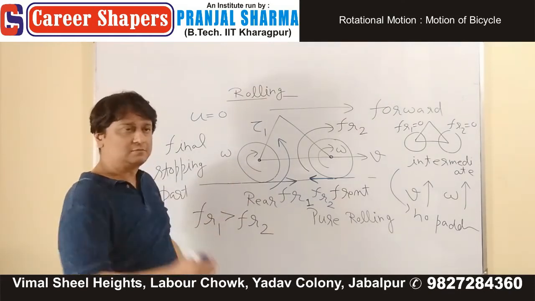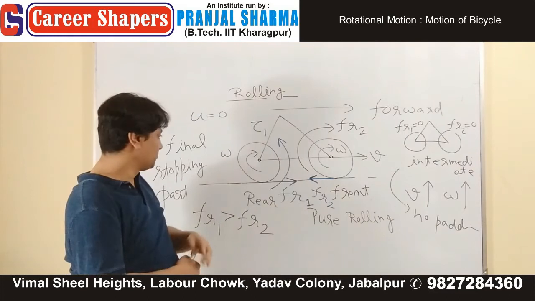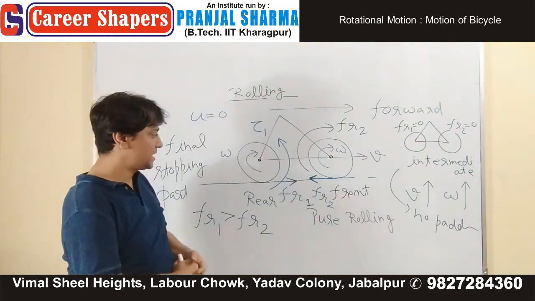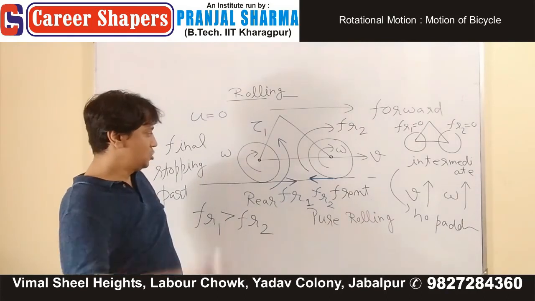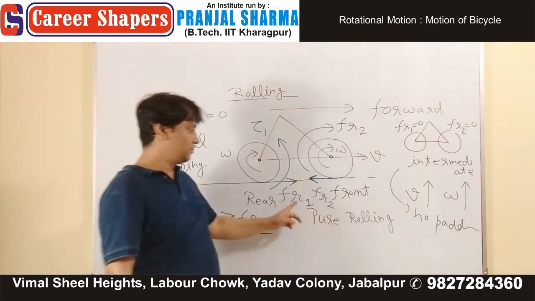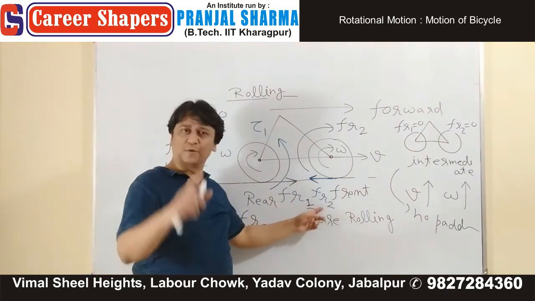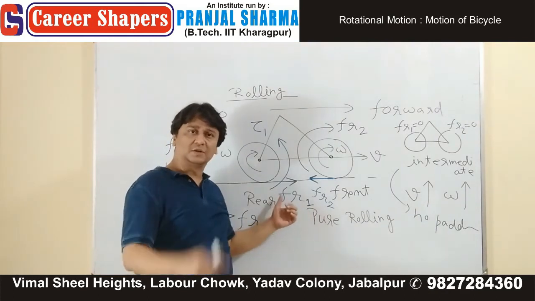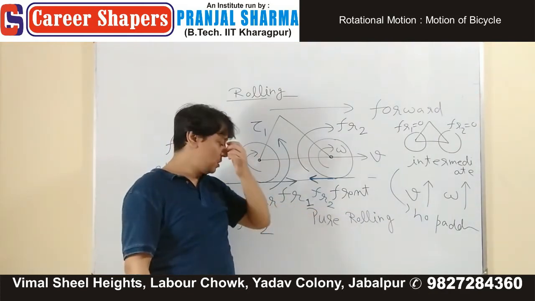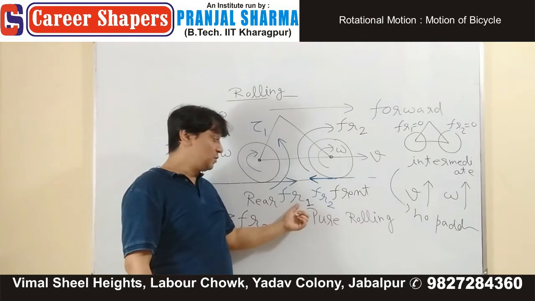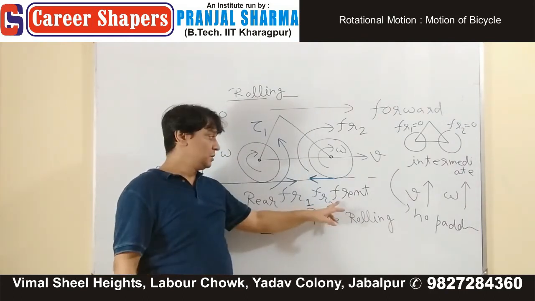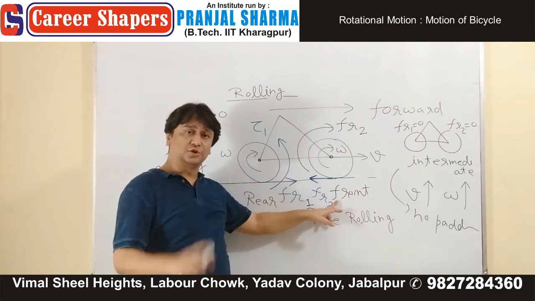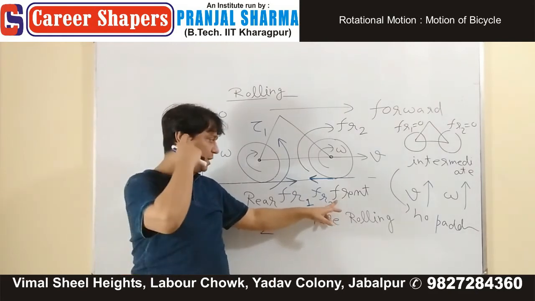Let me first gather an idea from you. What do you think will be the directions of FR1 and FR2? You have to answer like this: FR1, FR2, you can say 1 and 2 only. 1 means it will be FR1, 2 means it will be FR2. If you think that 1 is in forward direction, then write down 1 forward. If you think 2 is also in the forward direction, 2 forward, in short FWD.